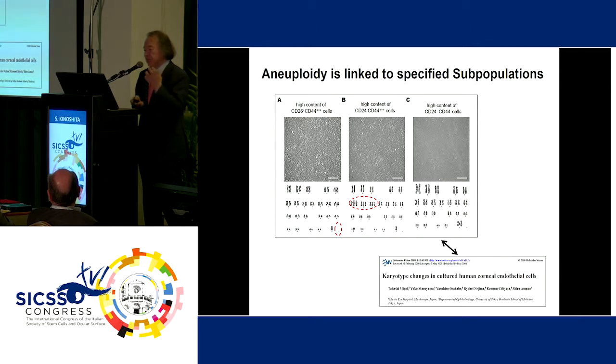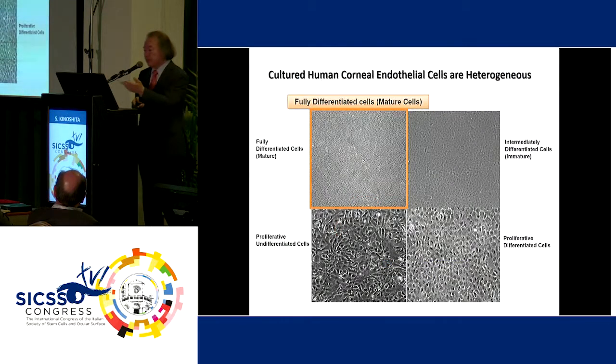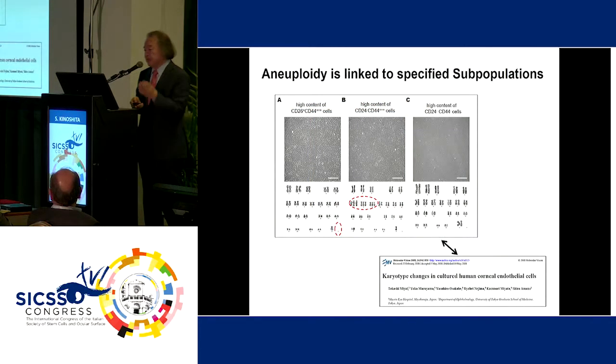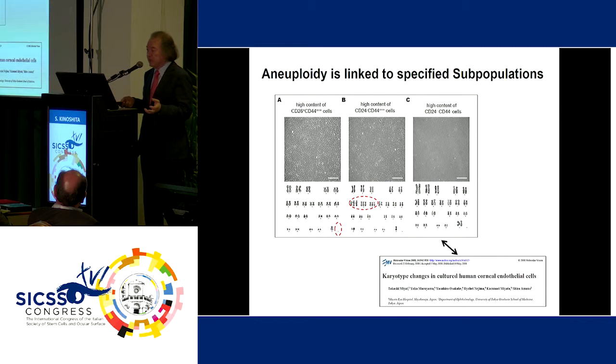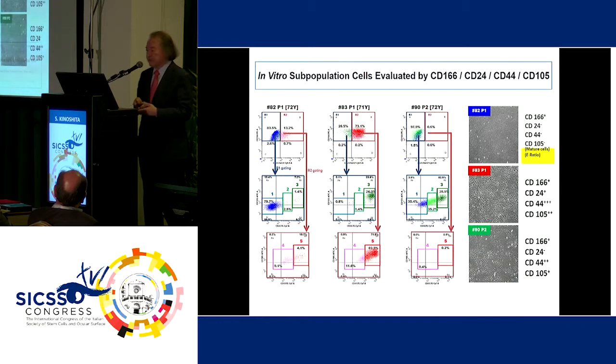Because in the picture, these cells are CD44 negative. The other ones are CD44 positive. The CD44 positive cells tend to show sex chromosome deletion or trisomy. So I would say this is a bit dangerous. But CD44 negative cells did not show any chromosome abnormality or other problems.